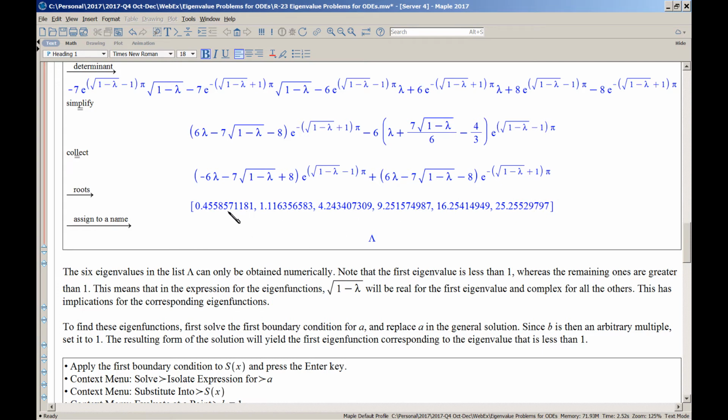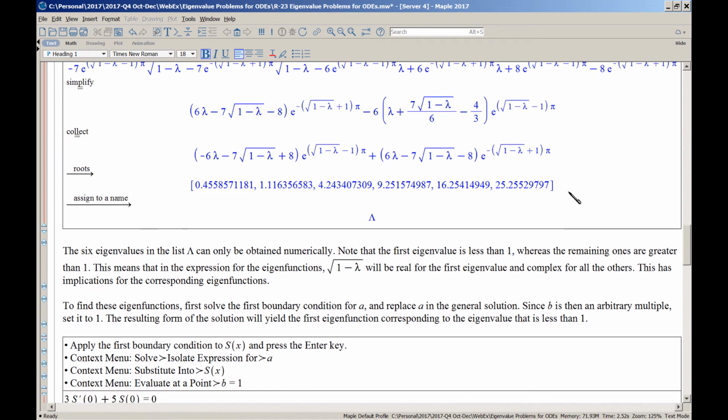So here are the first 1, 2, 3, 4, 5, 6 values of lambda. Those are the eigenvalues, but they had to be computed numerically. But the process that I went through to get them is the same process. Apply the boundary conditions, get a matrix, get its determinant, because the boundary conditions are homogeneous.